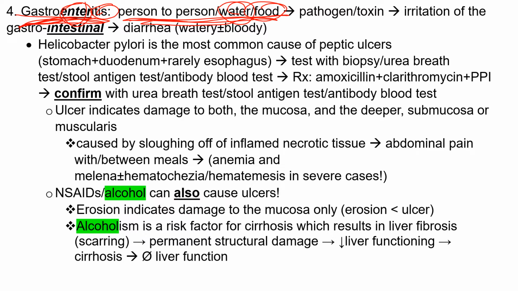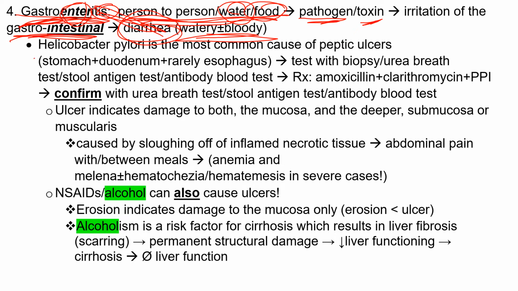We talked about hepatitis A and E, fecal-oral transmission. Pathogens, bacteria, and toxins can both cause problems. They irritate the gastrointestinal tract, causing diarrhea. Gastroenteritis is just another name for watery and bloody diarrhea, or just bloody diarrhea.